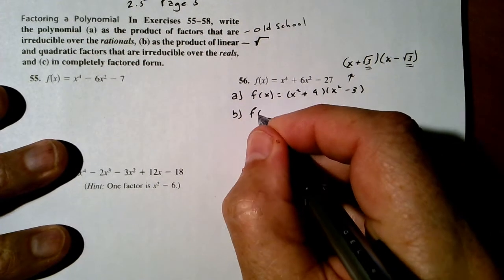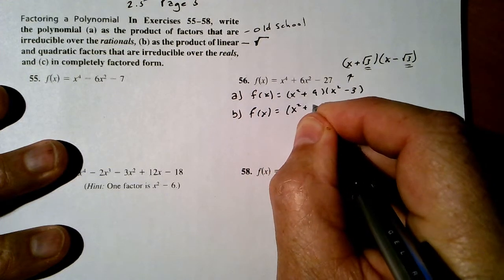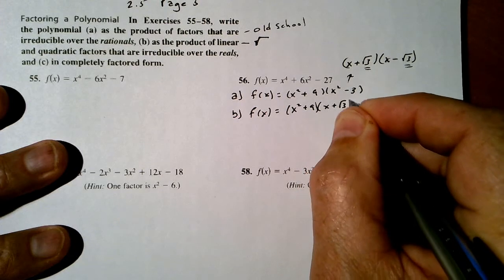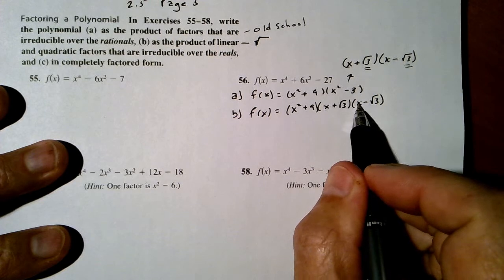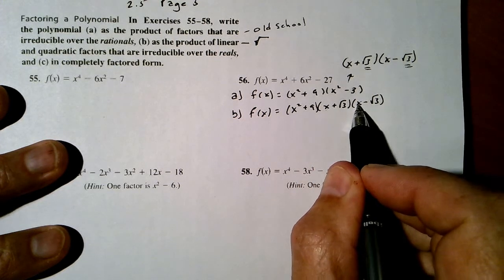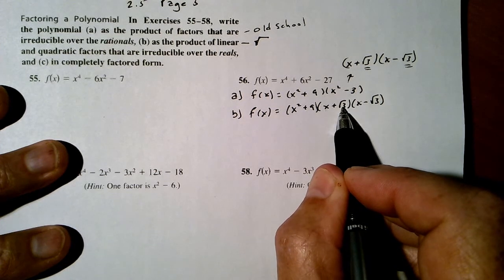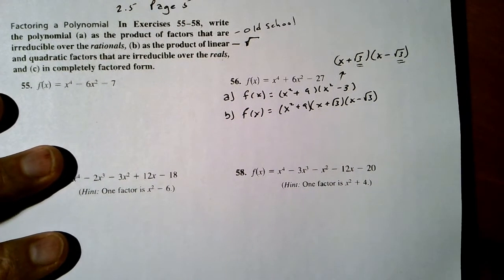So f of x could be x squared plus 9 times x plus square root of 3 times x minus square root of 3. And if we FOIL that, we get x squared, good, minus x square root of 3, bad, but plus square root of 3 x eliminates it, and plus square root of 3 times minus square root of 3, minus 3.